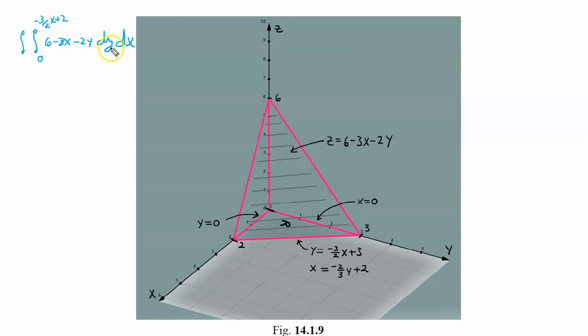That's what the y varies from. And then x is going to go from 0 to 2. Now, if you change the order of integration, let's see what's going to happen to our limits of integration.